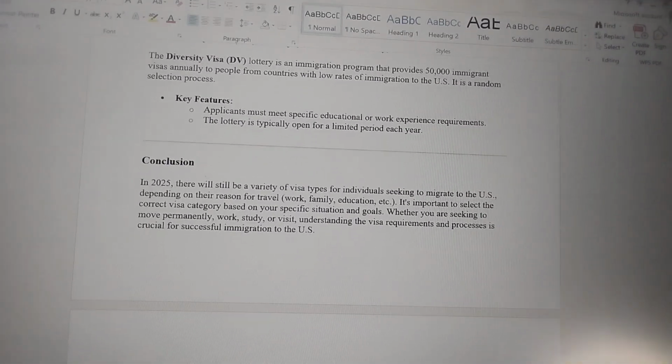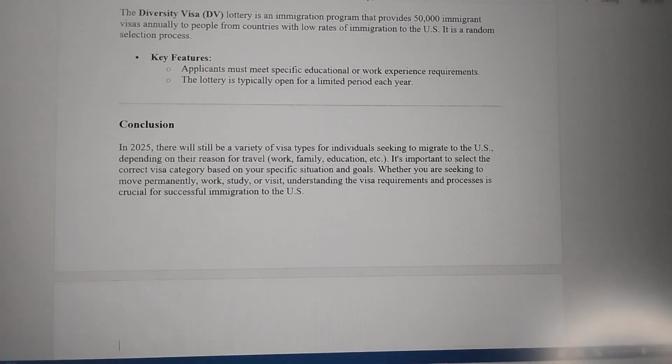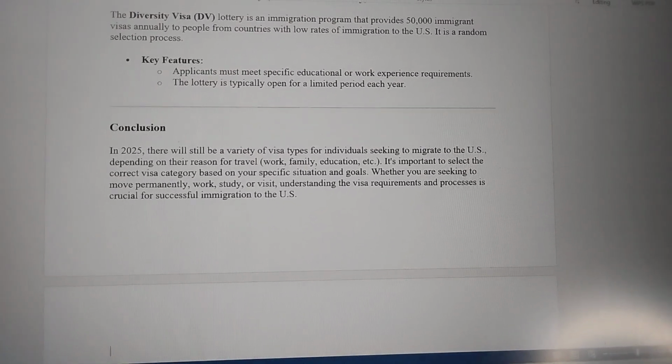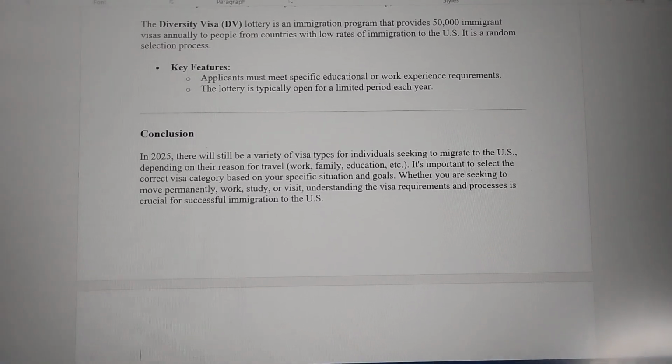And if they are employment-based visas, can they allow you to pursue a pathway to becoming a permanent resident in the US?